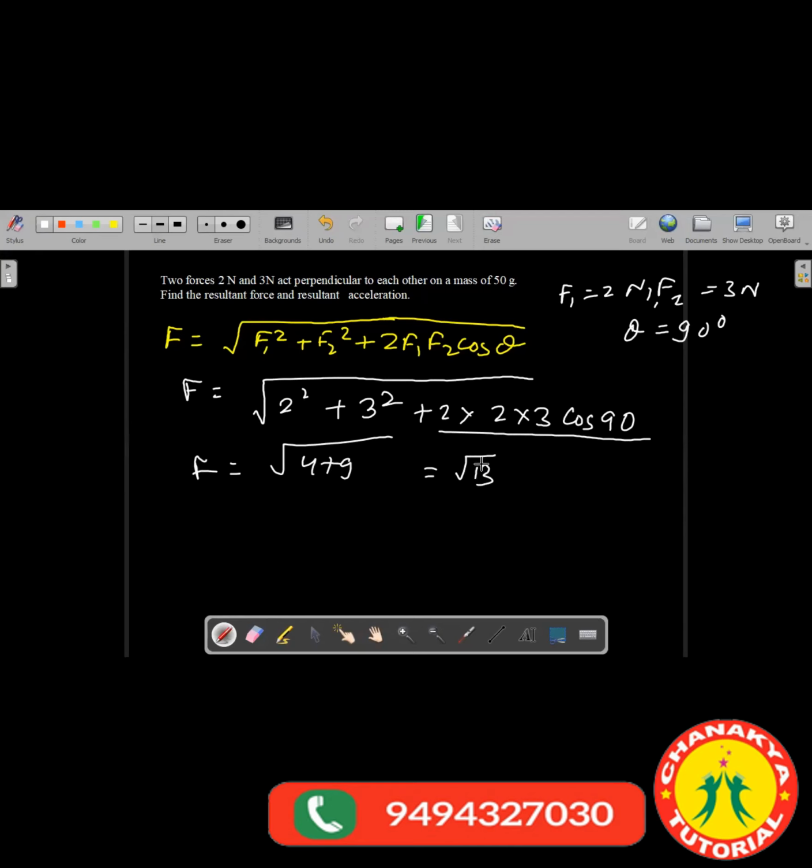And we can find the direction of this. The direction of the resultant can be calculated by drawing the diagram.